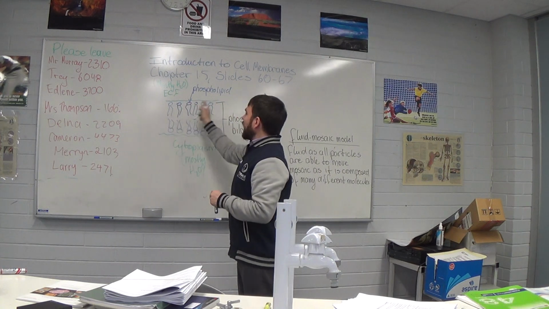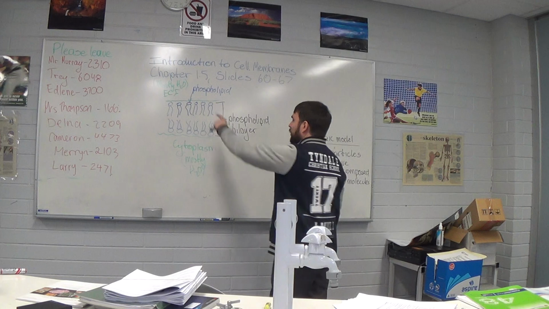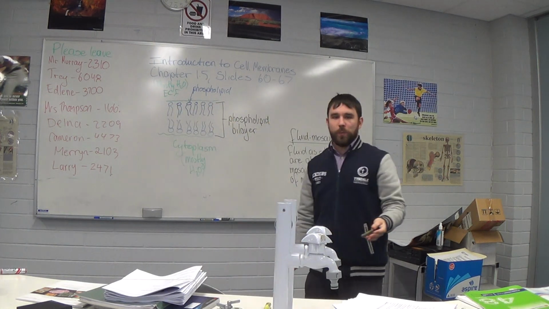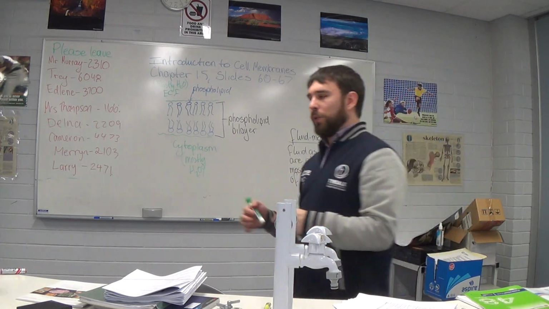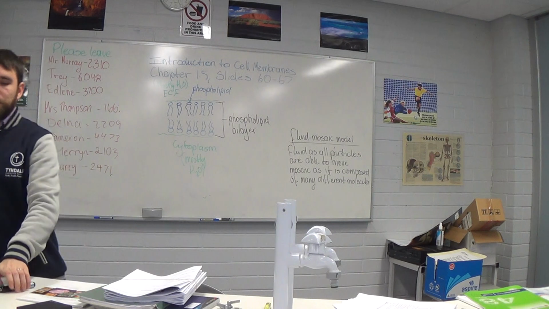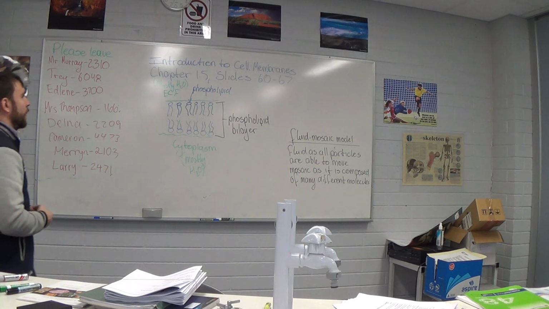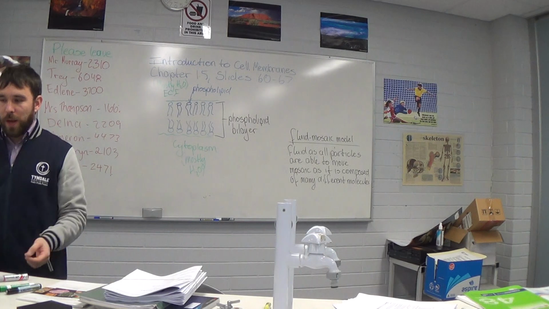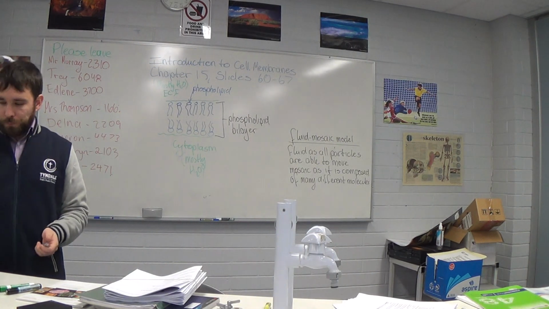So the hydrophilic heads, which I've symbolized with these circles, are attracted to the water, and the fatty acid chains are repelled by the water. So whenever we have a phospholipid, it is going to create a bubble between the fatty acid chains and the water that's surrounding it. And so this automatically forms, these phospholipid bilayers automatically form into these bubbles, or we call them micelles.